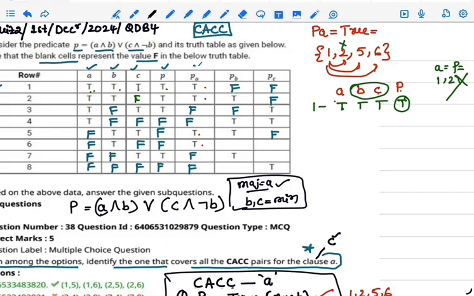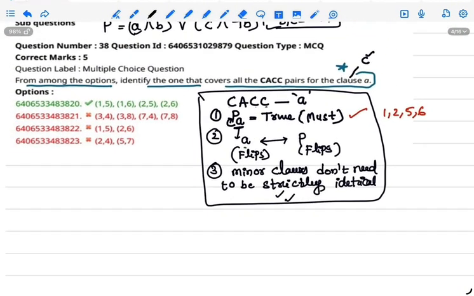Next we check with 5: false, true, true, false. If A flips, it means the boolean value changes, true to false or false to true.